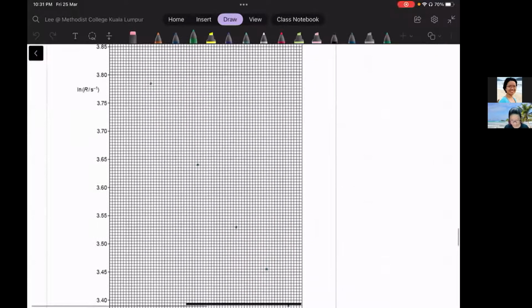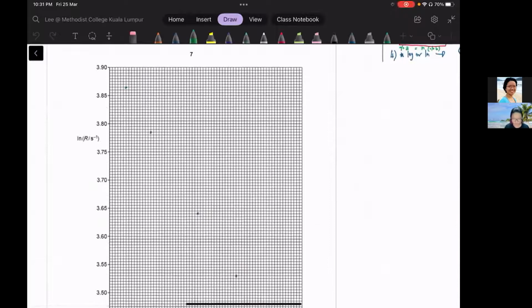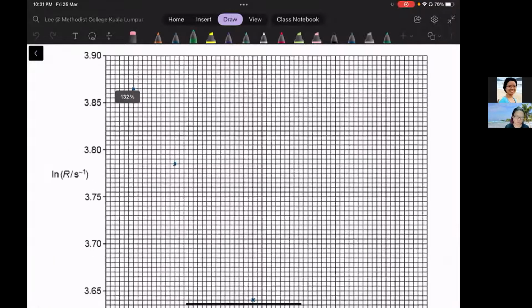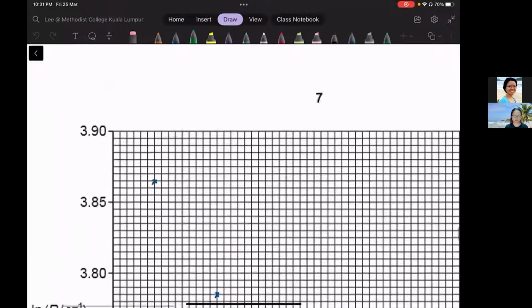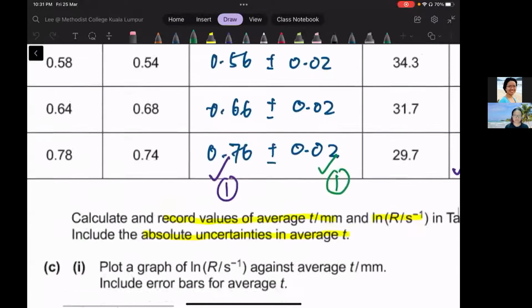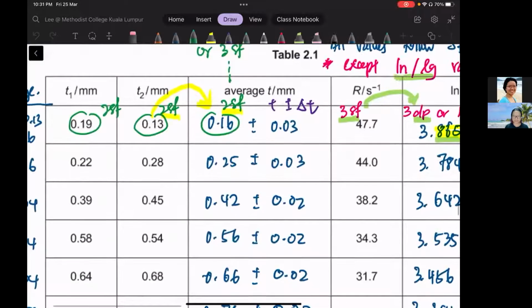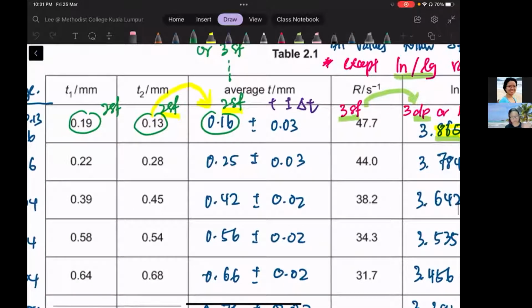Okay, so you can probably see the plotted points. I'm going to zoom in on the first one. Strangely, it looks a bit better on the screen, but never mind, maybe it's an iPad limitation. So you are also asked to draw the error bar. And the error bar in this case, if you check the table, is on the t-axis, horizontal.